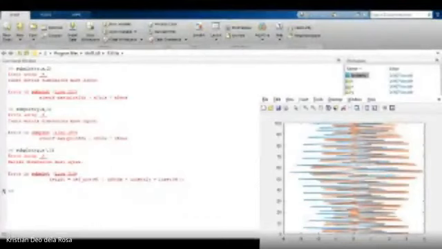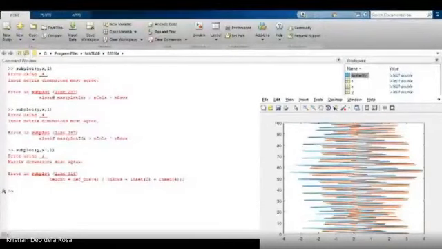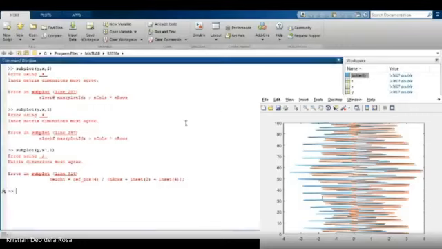Okay, so plot 1 to 1. That is to plot sine and cosine t in the first panel of the graphics window. I think. Oops. Subplot y.